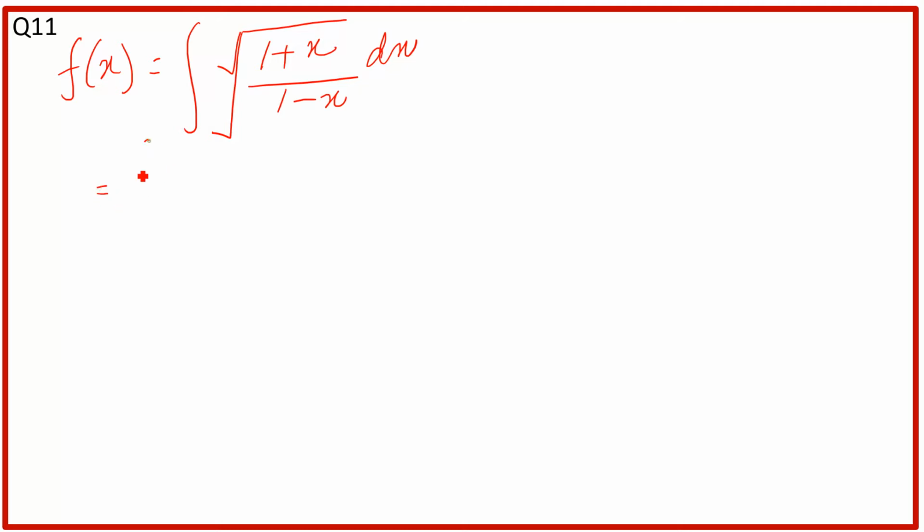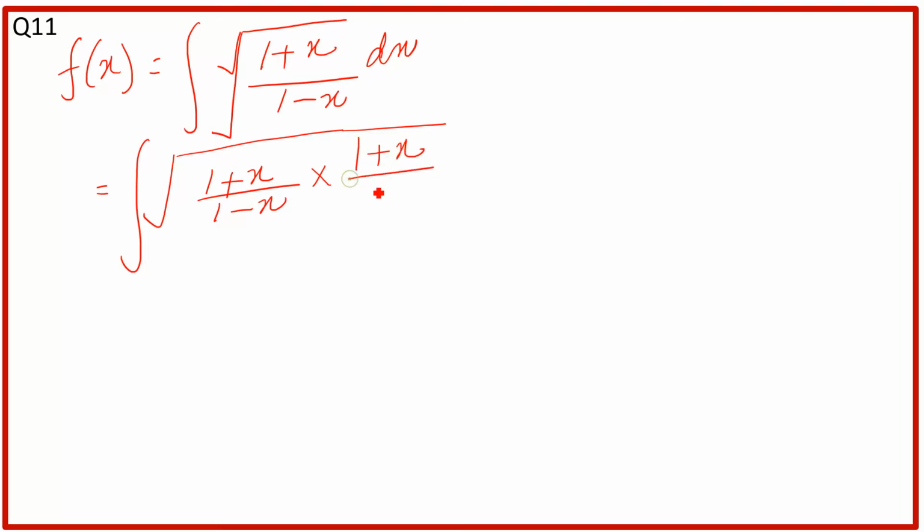Right, what we will do first, see, it is 1 plus x divided by 1 minus x under root. We have to multiply and divide by 1 plus x divided by 1 plus x, and dx. We have solved these kinds of questions before.